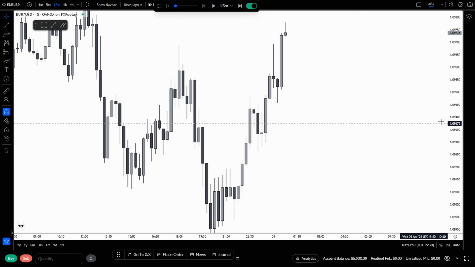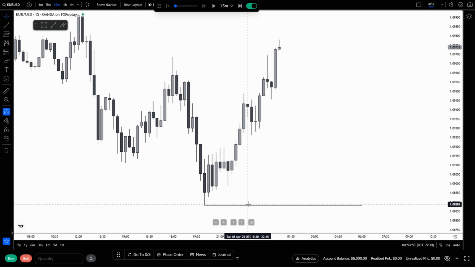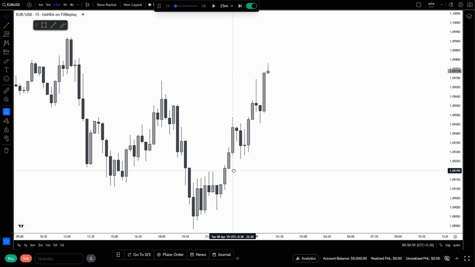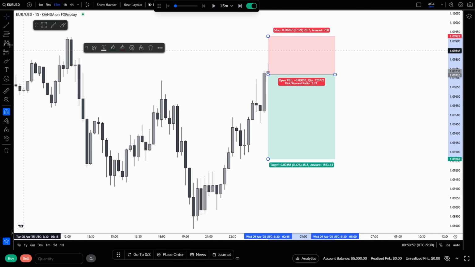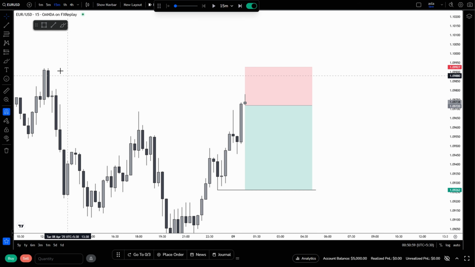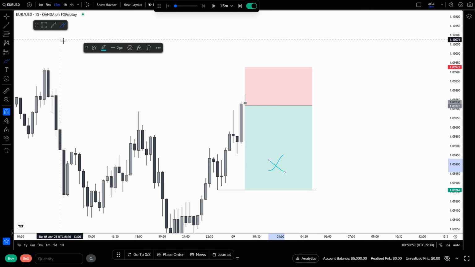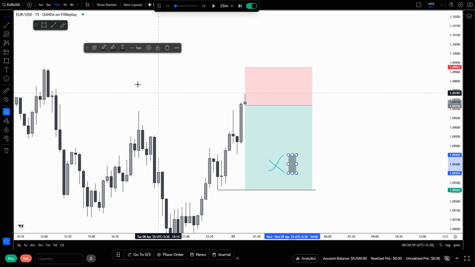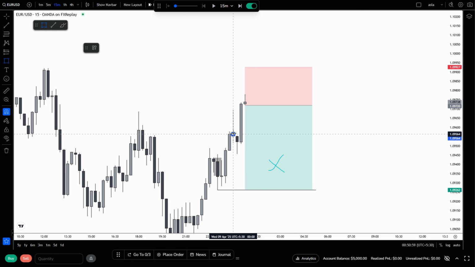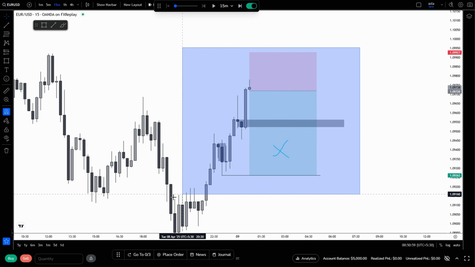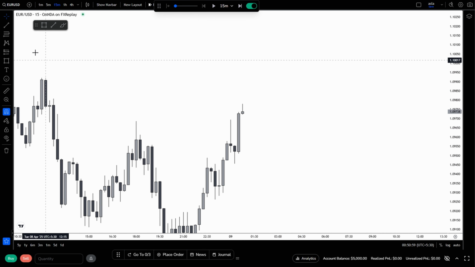Second, we can use order blocks as targets as well. Suppose we are already in a trade and normally you would be targeting opposing side liquidity. Instead of doing that, I would suggest you focus on unfilled order blocks that are sitting in the premium or discount just below your main targets. Most of the time, price does not move in a straight line to the exact highs or lows you are aiming for.